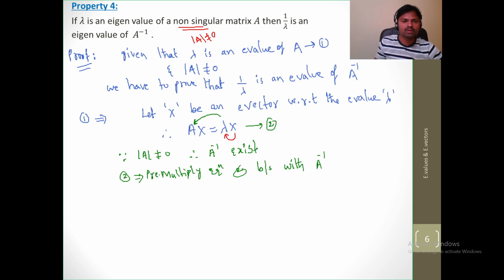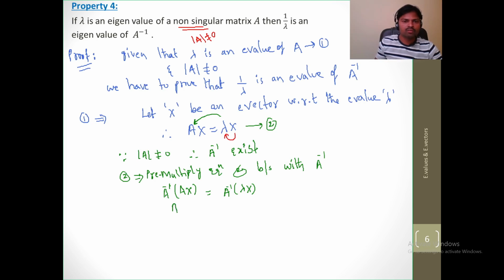Pre means from the left hand side, post means right hand side. Pre-multiplication means A inverse into A, like that. So what will we get? A inverse into Ax, which is equivalent to A inverse into lambda x.